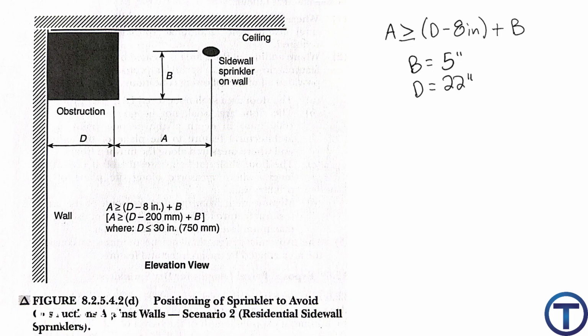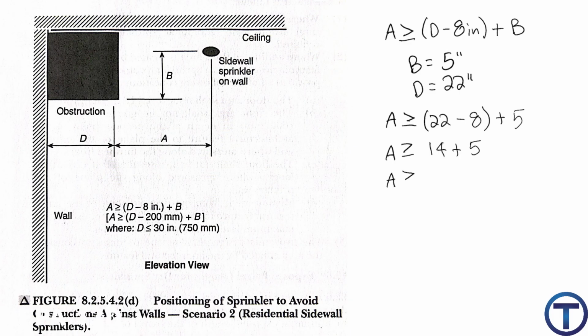All right, you've had a minute to figure it out. Let's see what I figure. A is going to be greater than or equal to D, which is 22, minus 8, plus 5. 22 minus 8 is going to give us 14, plus 5.